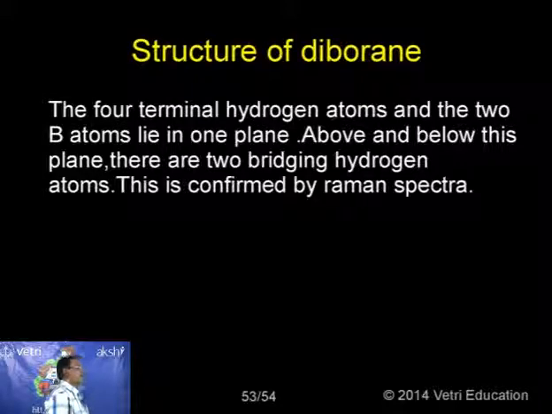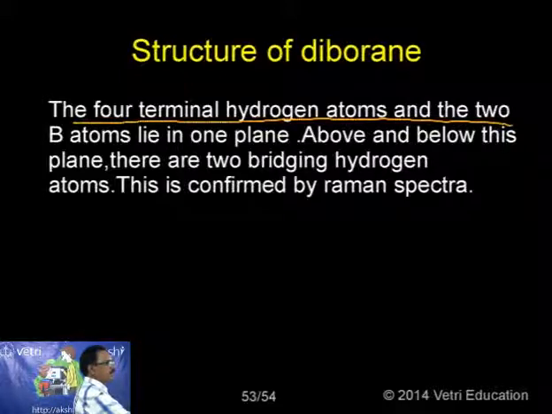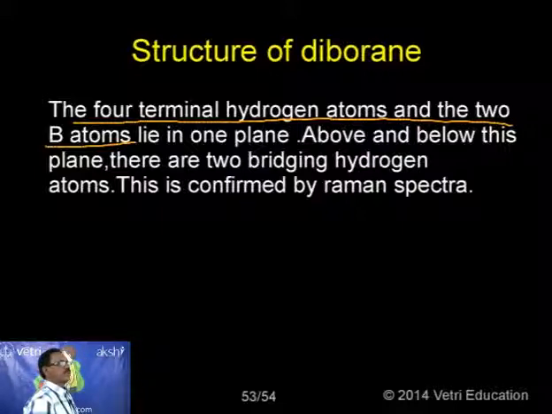The next one. Let me discuss the structure of diborane. In the structure of diborane, the 4 terminal hydrogen atoms and the 2 boron atoms lie in the same plane. If you look at the structure, you can get an idea. Kindly imagine the 4 terminal hydrogen atoms and 2 boron atoms lie in one plane, and above and below this plane there are 2 bridging hydrogens.